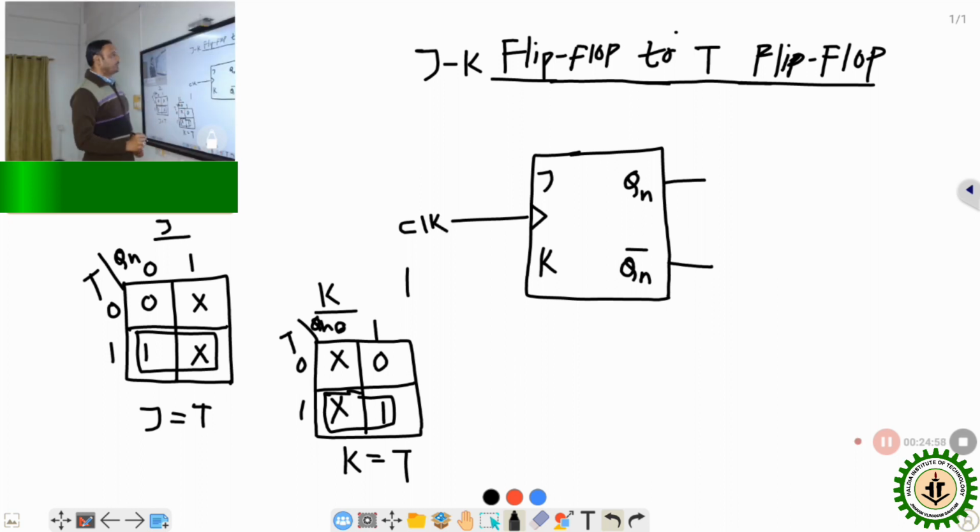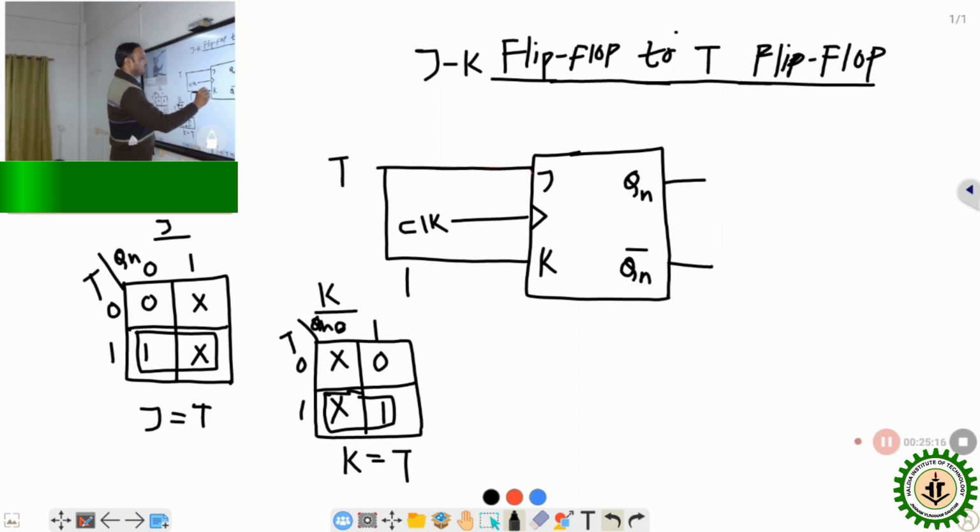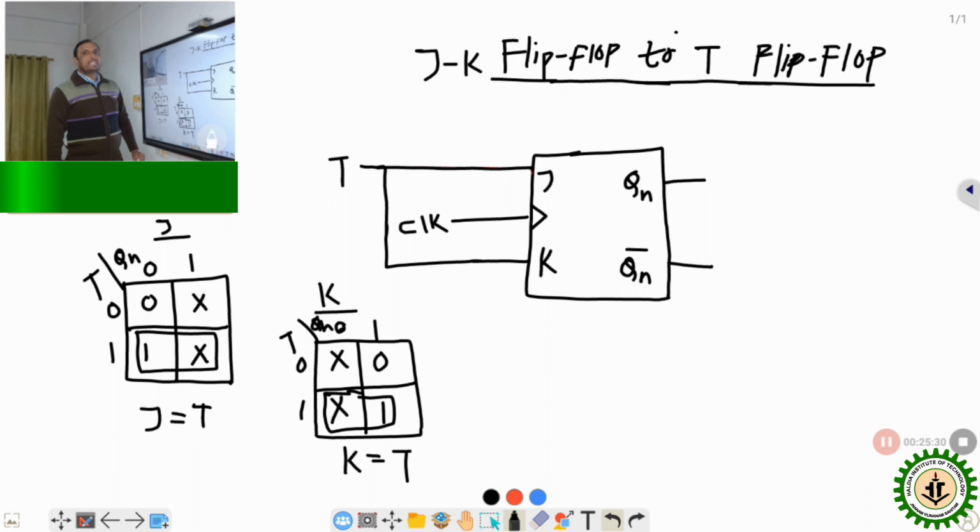J equals to T, K equals to T. That means it is T, and same thing, same value will be K. That means J and K both value is T. So that means J and K are nothing but a short circuit.